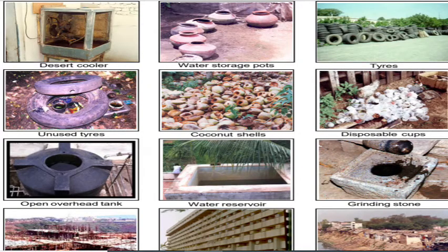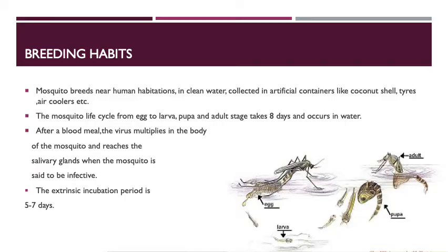The picture shows the various collections of water which are the breeding places for the mosquito. Now coming to the breeding habits. The mosquito breeds near human habitations in clean water which is collected in artificial containers like coconut shells, tires, air coolers, etc. The mosquito life cycle from egg to larva, pupa and then adult takes 8 days and occurs in water.